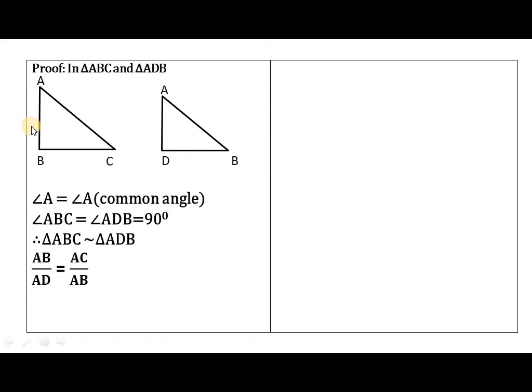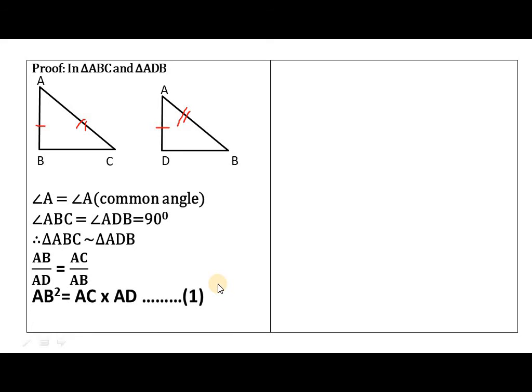Therefore we can write AB corresponds to AD, and the hypotenuse AC of triangle ABC corresponds to the hypotenuse AB of triangle ADB. So AB corresponds to AD and AC corresponds to AB.